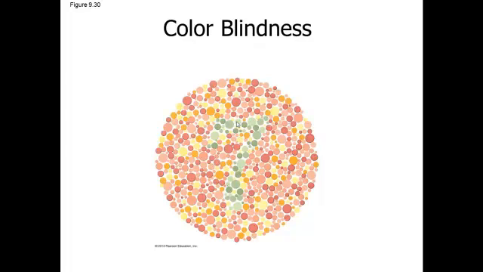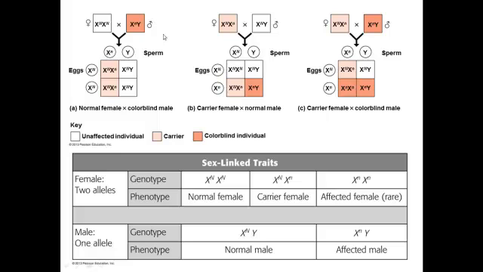Here is a normal female with a colorblind male, showing that any daughters they have will be carriers of colorblindness, because dad only has one X gene to give to his daughters, and it will have the colorblindness gene on it. But none of their offspring will actually express it, because if mom is homozygous, they will all receive a good copy of the vision gene.